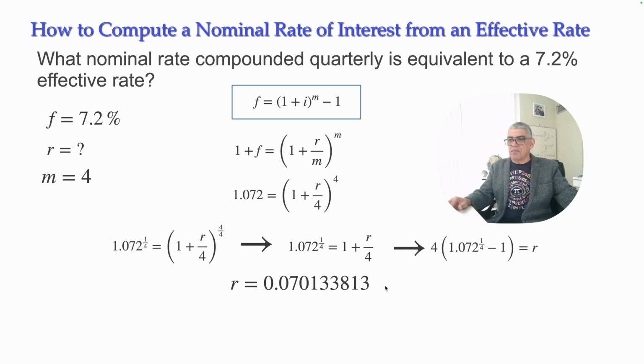So multiplying by 100, you get 7.0134%. And that finishes my explanation of how to compute a nominal rate of interest from an effective rate of interest, if you know, obviously, the effective rate of interest, and you know how many times per year the nominal rate of interest is compounded.